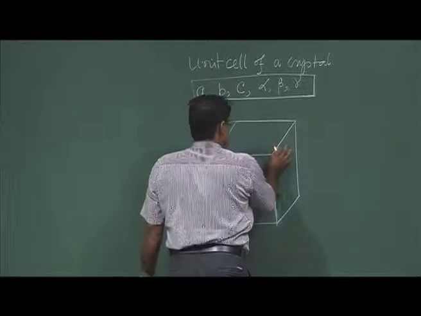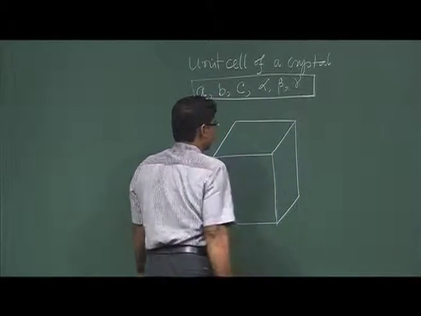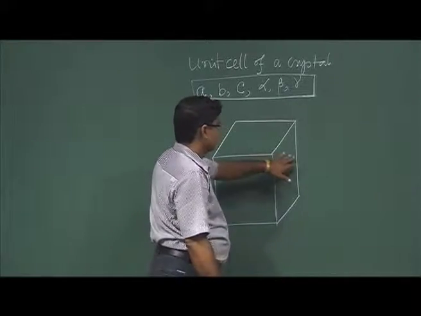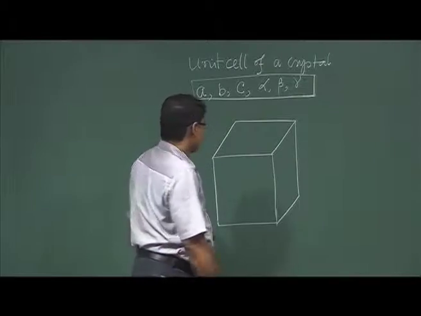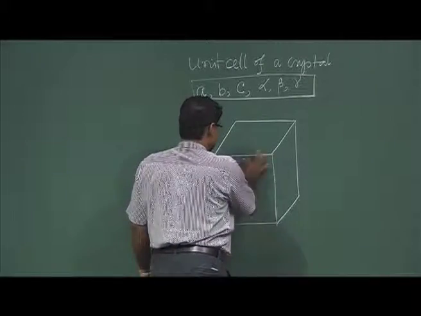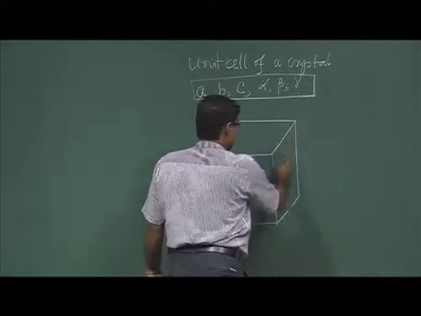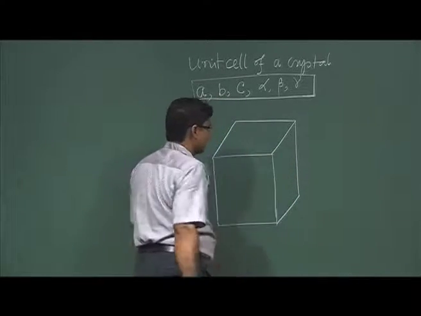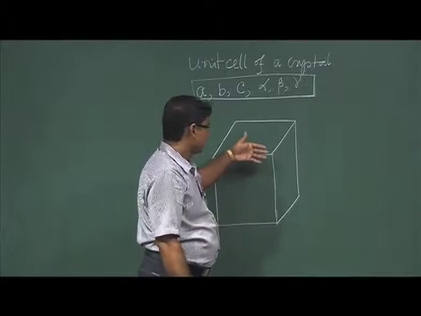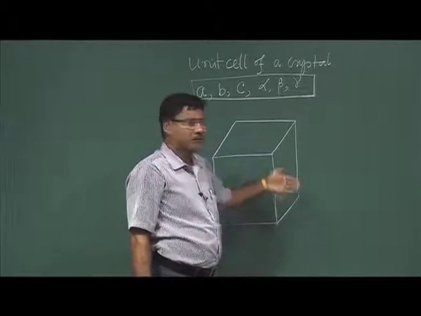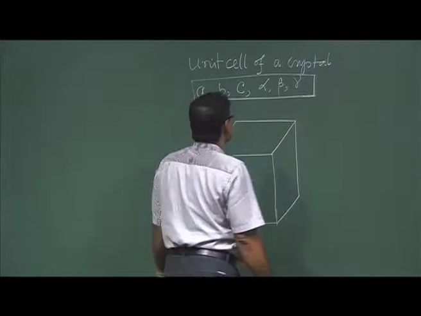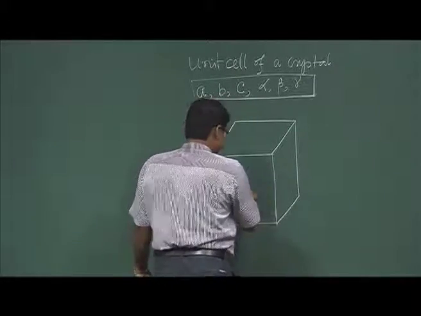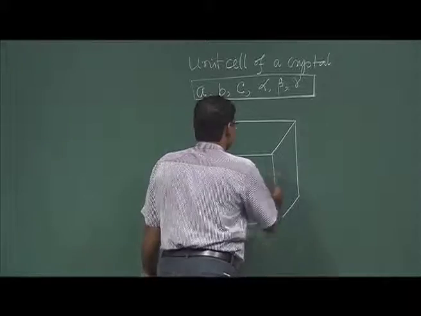So, these are the faces of the unit cell. Face means these are planes. So, here I can see this is one plane and this is another plane and this is the third plane. The other three planes are on the back side of this.